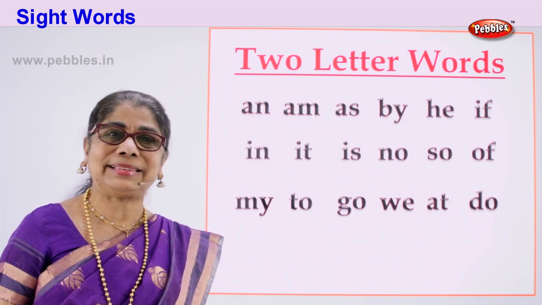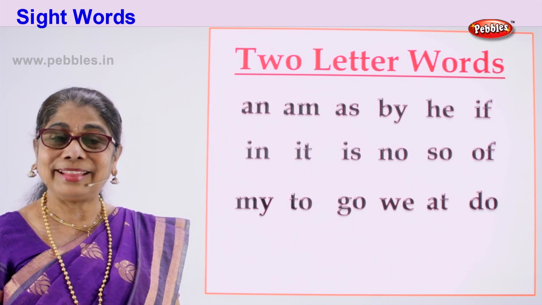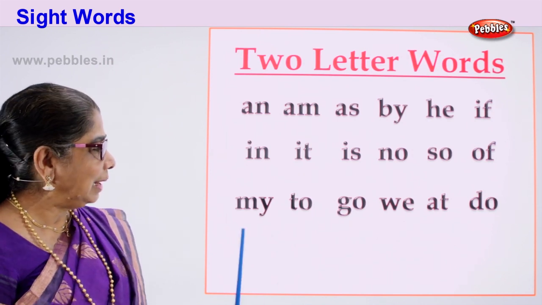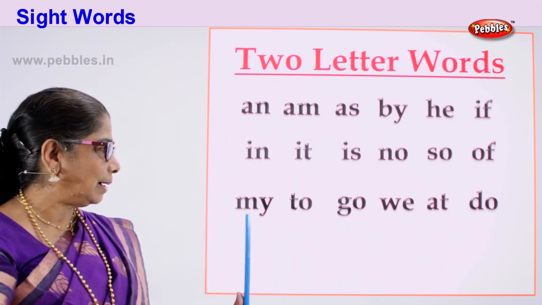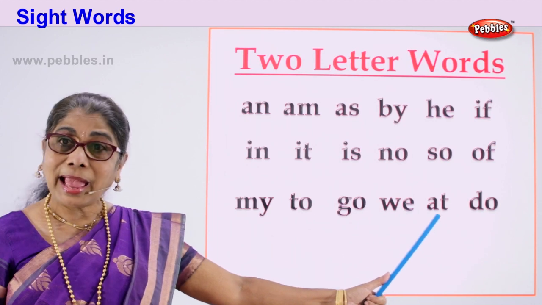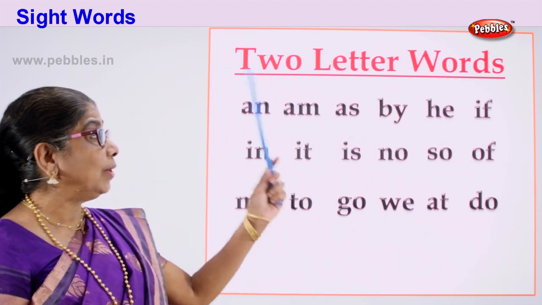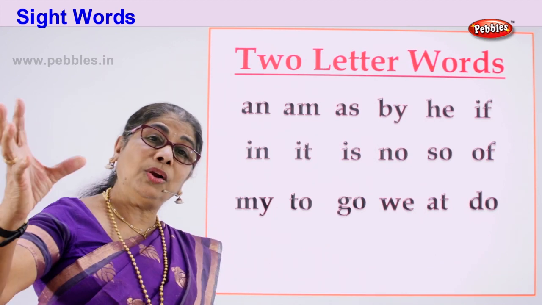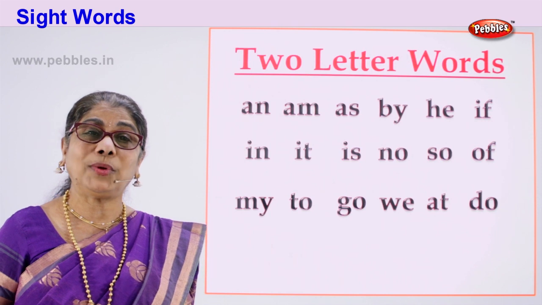Do your best so that you get very good marks. Very good. Now, let's read all these sight words quickly. Come on, together. My, to, go, we, at, do. Very good. If you read like this, one look and you read, then you'll be very fluent in reading.